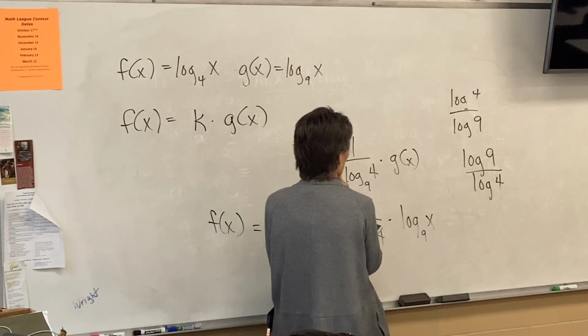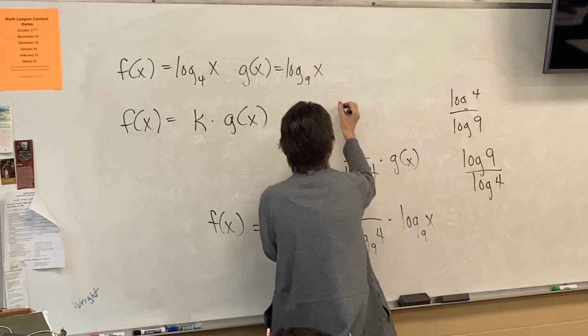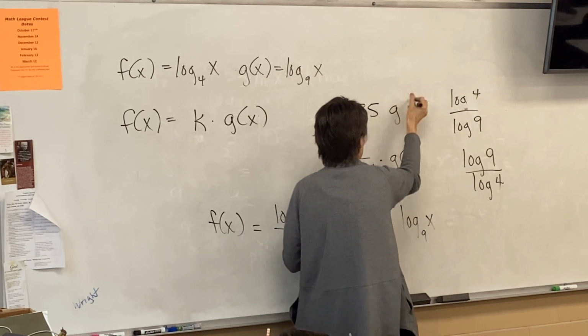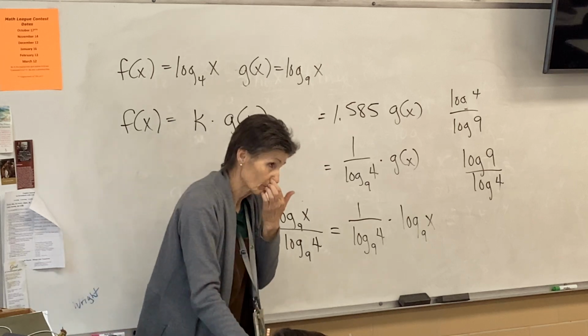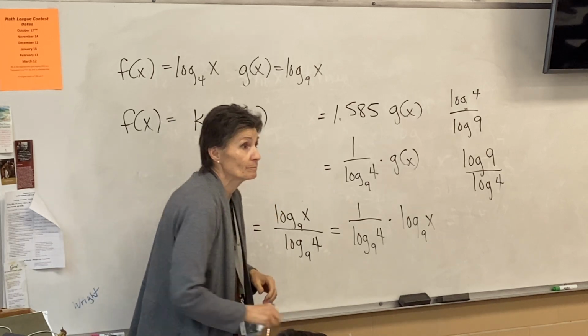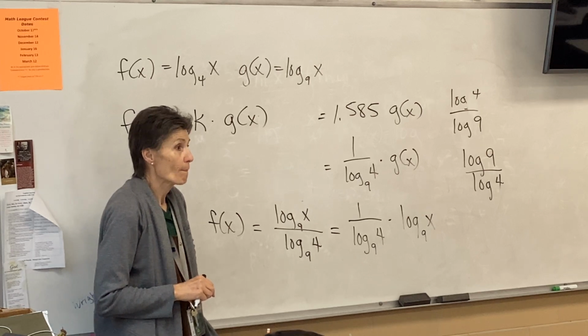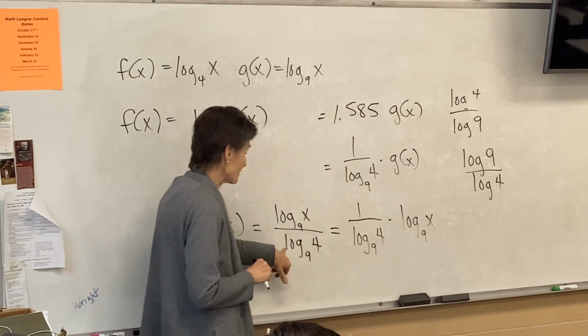What did I type in? All right, I got 1.585, I think, times g of x. Anybody else get that? Because this is 1 over, that's in the denominator.